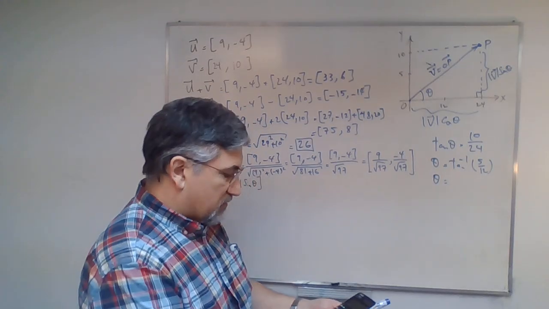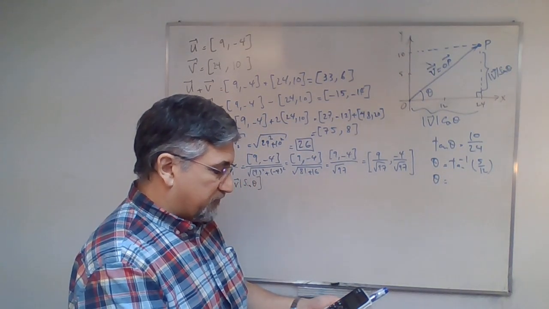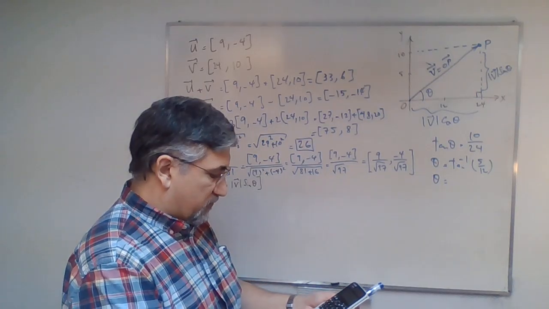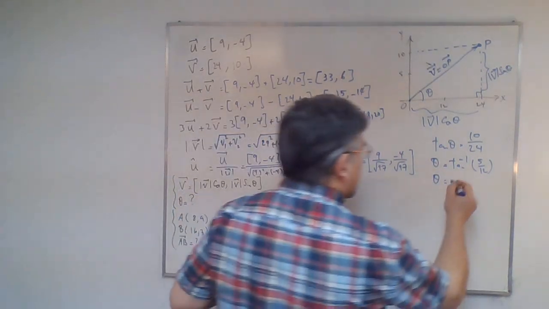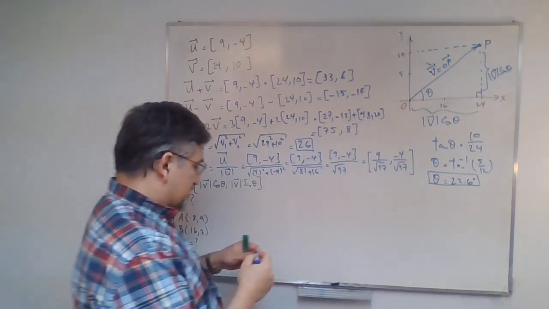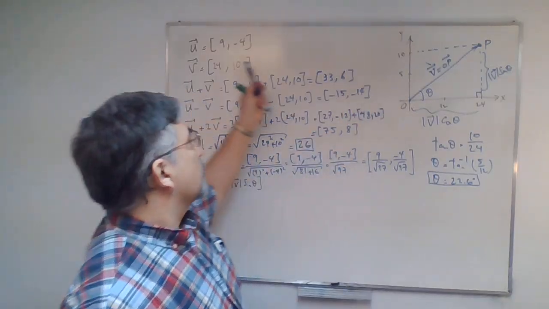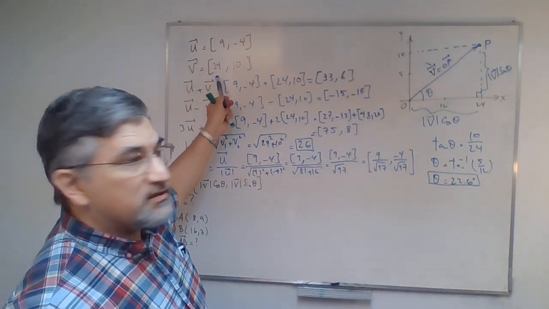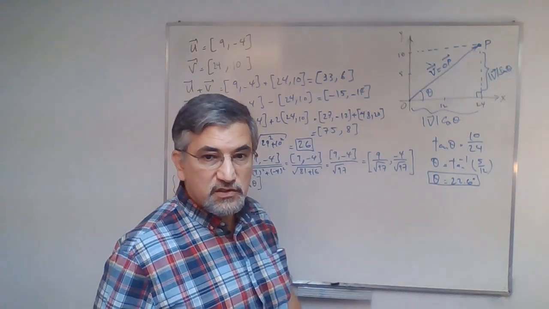So we grab the calculator and punch in inverse tan of 5 over 12. And sure enough, it's 22.6 degrees. So that means that the angle theta that vector OP, or this so-called vector V, 24, 10, makes with the x-axis is nothing but 22.6 degrees.